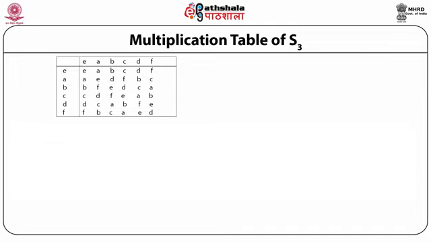Now, from the multiplication table, which is given in the slide, it's easy to see that the set of elements A, B, and C and the set of elements D and F form the conjugacy classes H1 and H2. To see this, notice one thing.